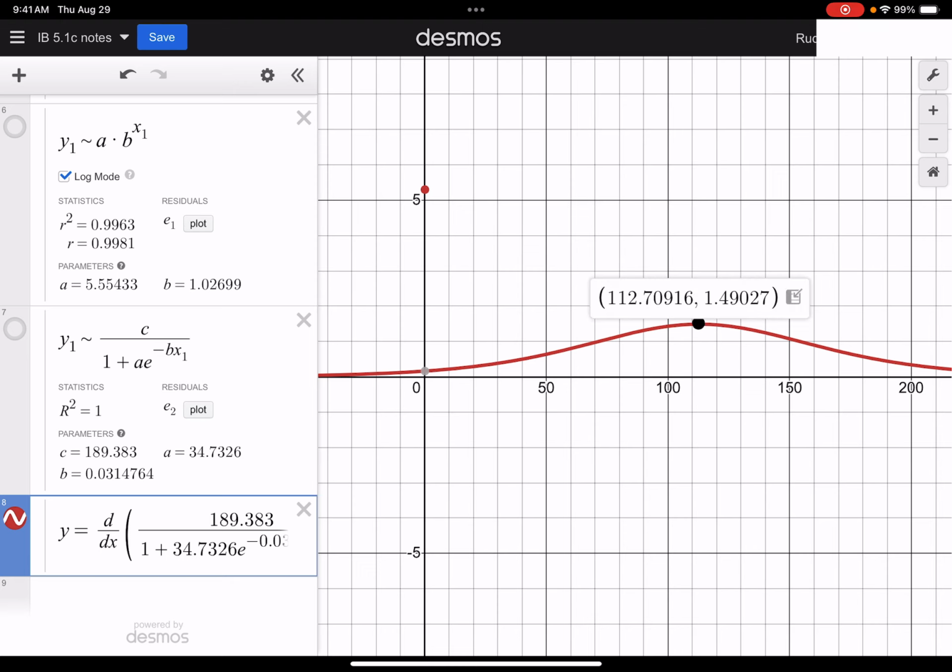And so the maximum population change, the maximum derivative, appears to be right here when x is 112.7, so I'll round it to 113 to 3 significant figures, which, keep in mind, is from the year 1800, so that's 1913. And the maximum population change seems to be about 1.49, roughly 1.5 million people per year.